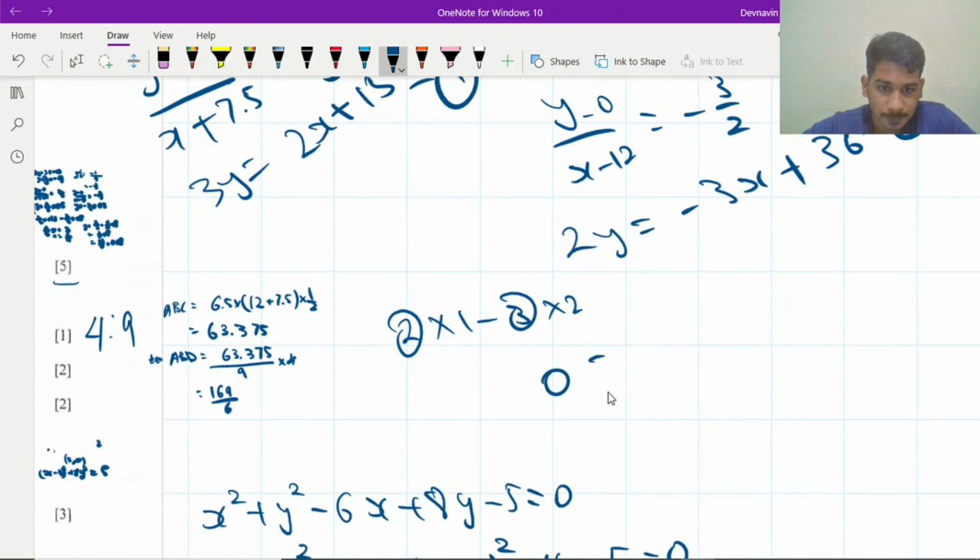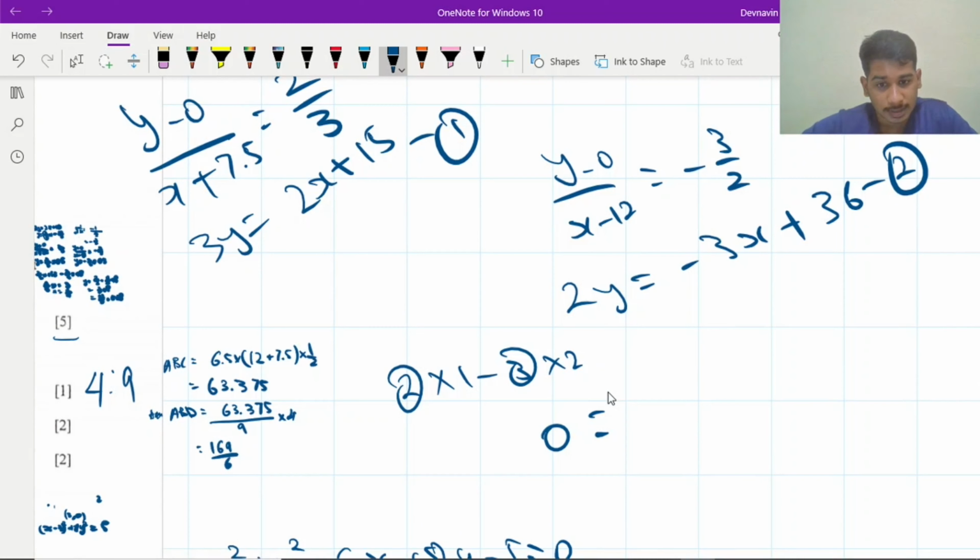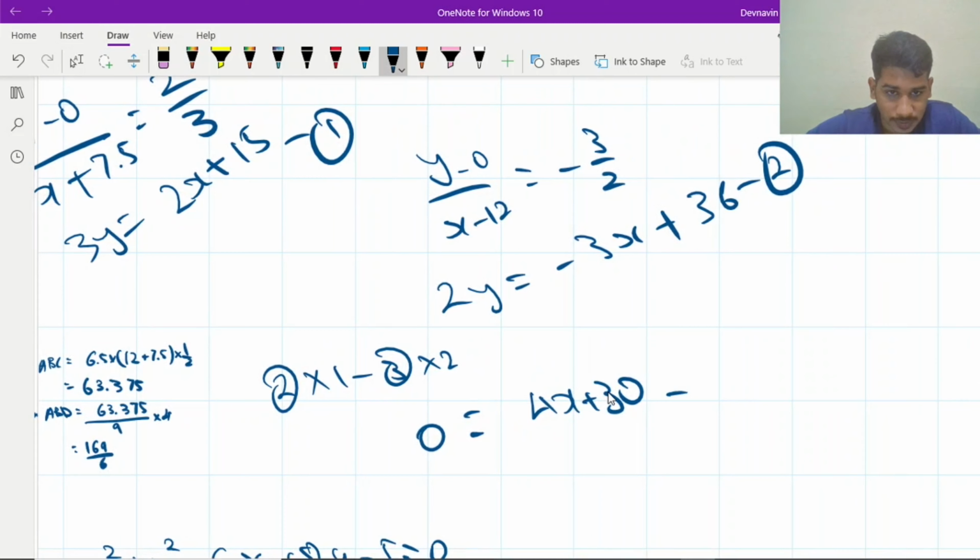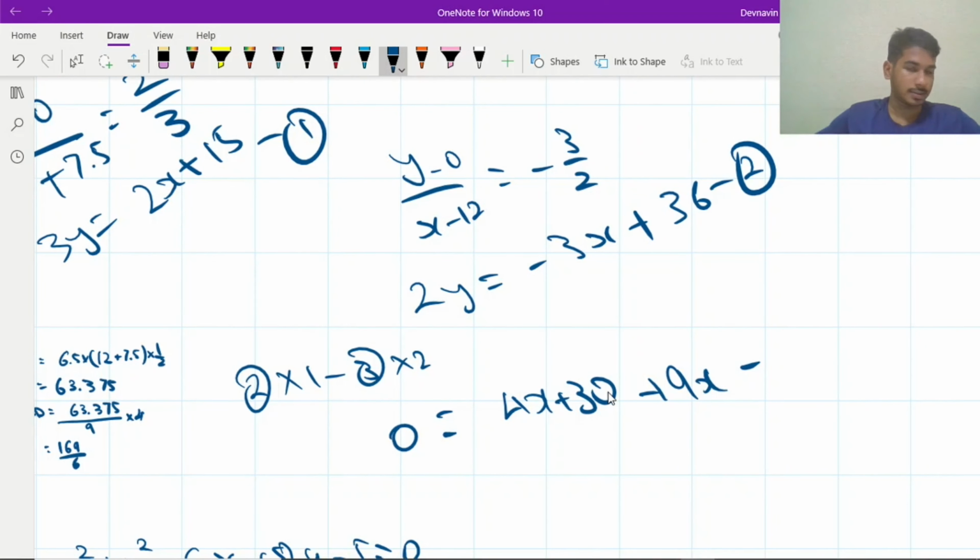So you're going to get 0 is equal to 2 times 1, which is 4x plus 30, minus 3 times this, so minus 3 times 3, that is plus 9x, minus 3 times 36. It's going to be negative 108.